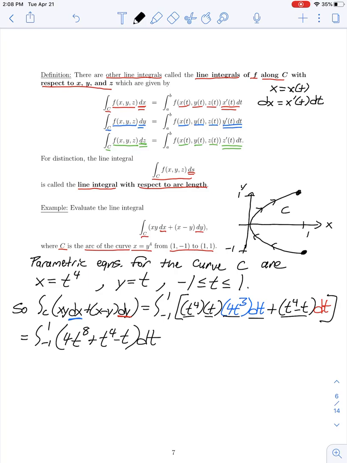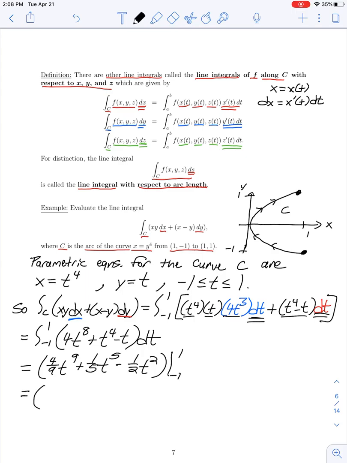I can factor out that common differential dt from each term. So now we just have a regular definite integral to evaluate. So we could find our antiderivative, which would be 4/9 t to the 9th plus 1/5 t to the 5th minus 1/2 t squared, evaluated from -1 to +1.